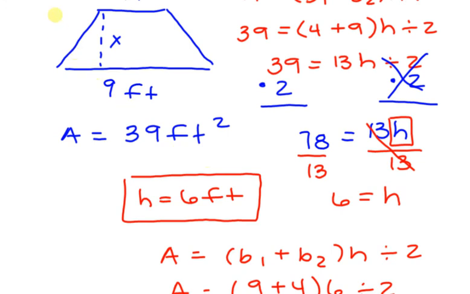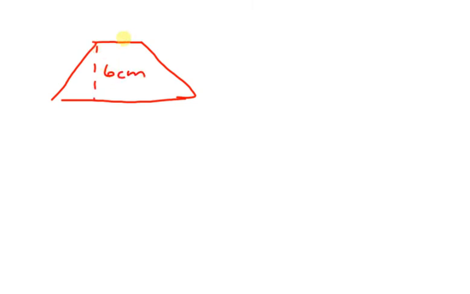Okay? I do want to show you one more example. Go ahead and draw a trapezoid. Okay? And let me look up some numbers here. So go ahead and call the height 6 centimeters.